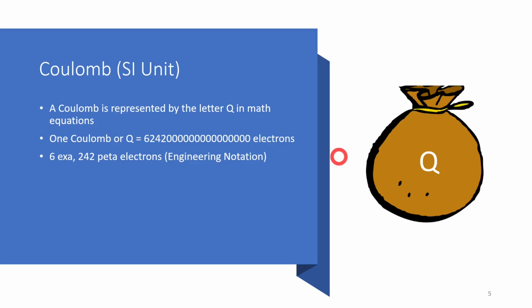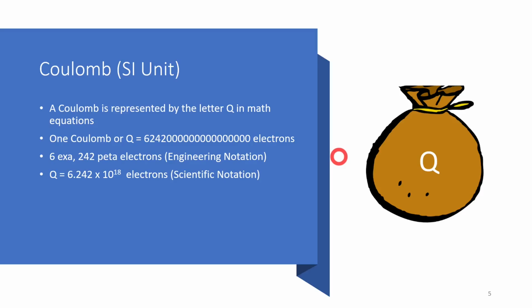Okay, when we have to fathom those in our head, it gets a little bit unwieldy. So it's easier, for me at least, to denote this in scientific notation. So in scientific notation, the amount of charge that we have, which is represented by the letter Q, is going to be 6.242 times 10 to the 18th power.